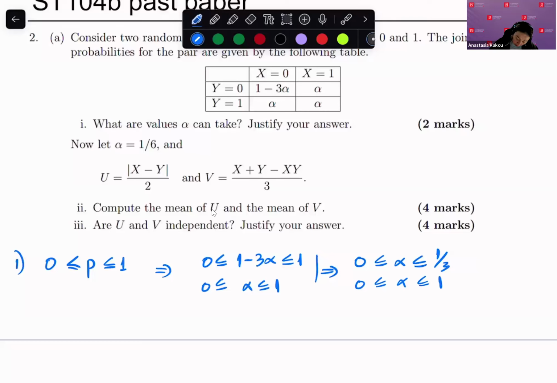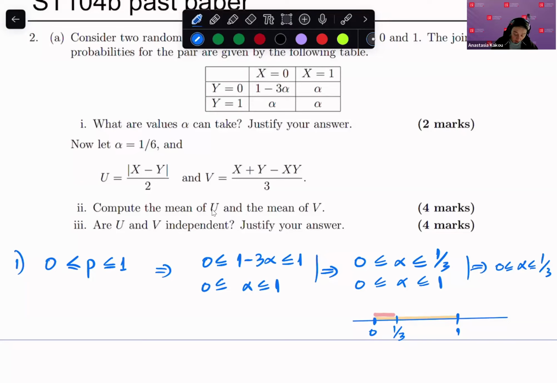Because you want both of them to be satisfied, if you draw that number line here, it's obvious which one it is, but in other cases, it will be less clear. So you basically have the intersection of this range and this range. The intersection means that alpha should be between 0 and 1/3. So that's the first part, 2 marks.